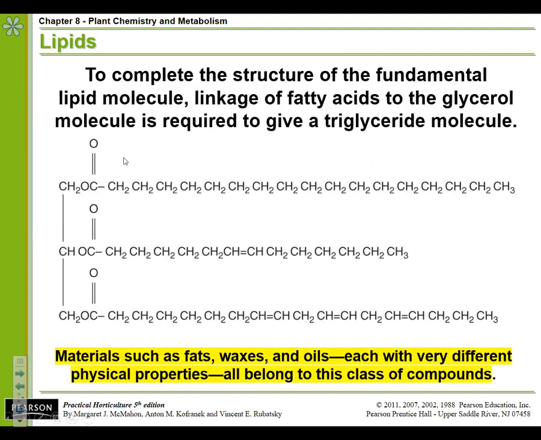Fatty acids are structurally very complex molecules, and to complete the structure, they're linked together to glycerol molecules to create a triglyceride. So we get materials such as fats, waxes, and oils, each with different physical properties belonging to this class of compounds, basically long chains of these CH2 groups.